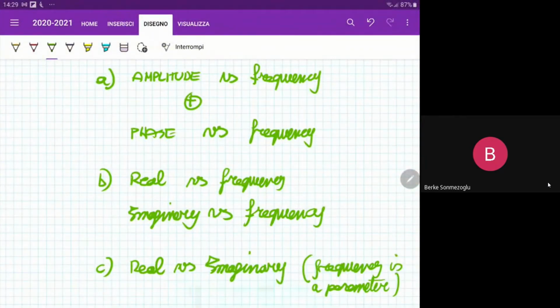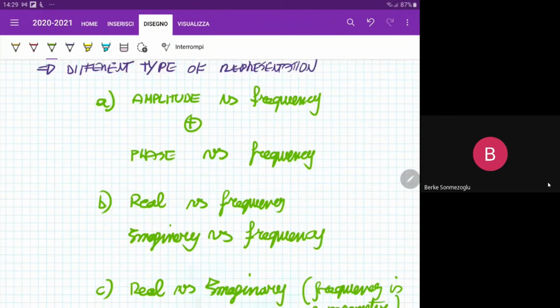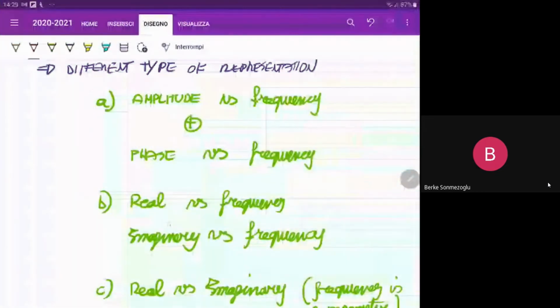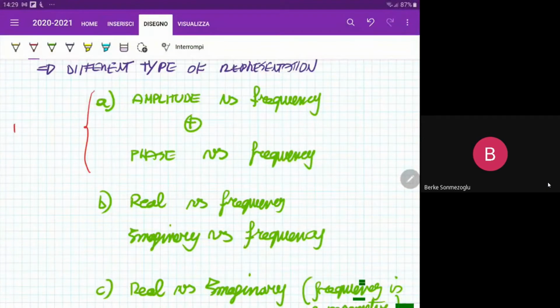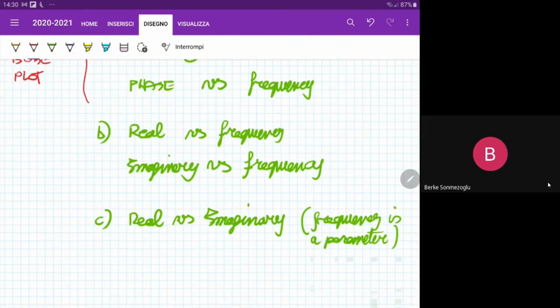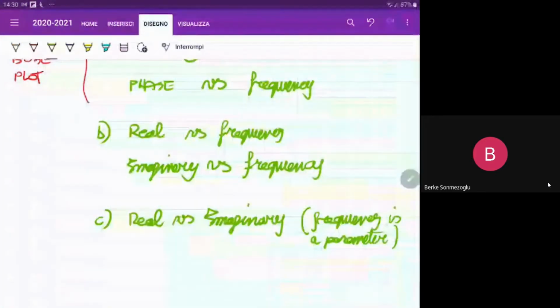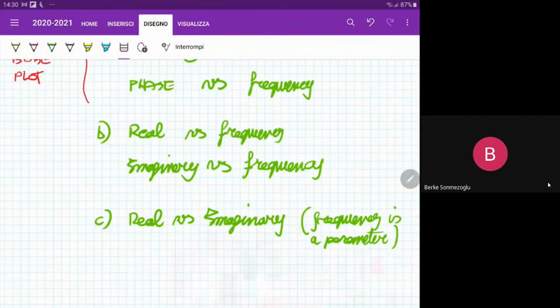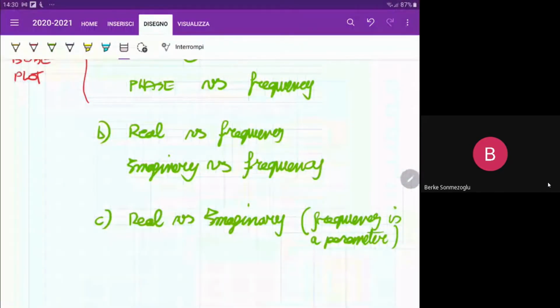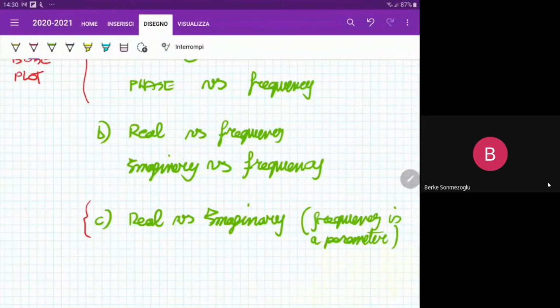Okay, so just to stick with what you should already know, this first representation, the amplitude versus frequencies and the phase versus frequency, is what we have already seen, hopefully, as the Bode plot. Whereas the last one, the real versus imaginary, having the frequency as a parameter, is the Nyquist representation.